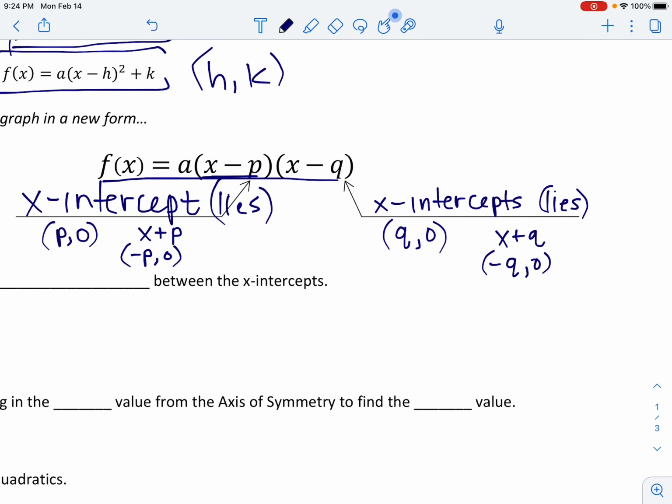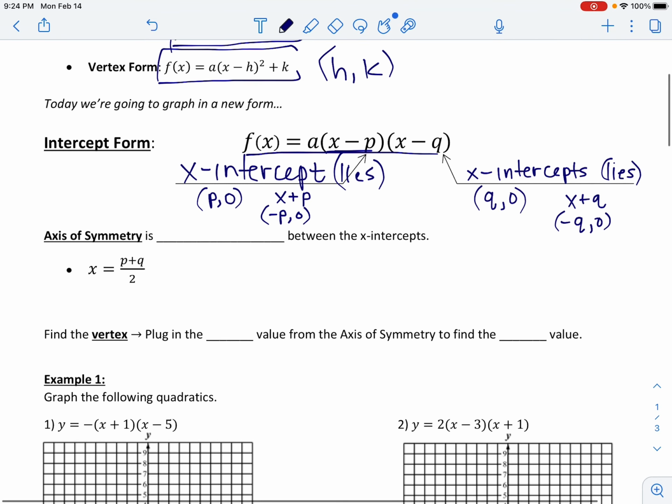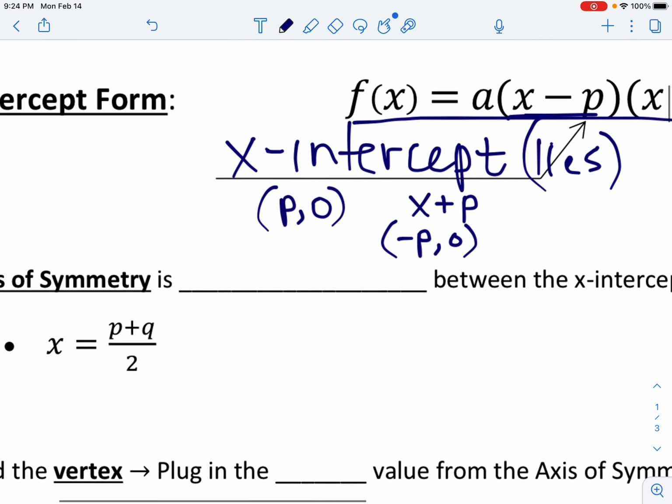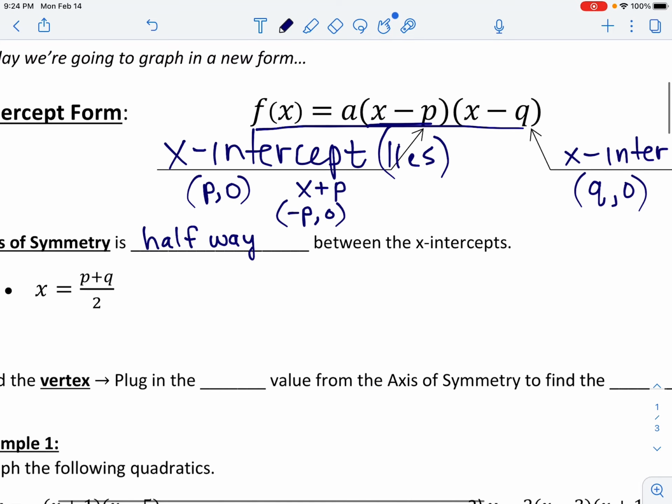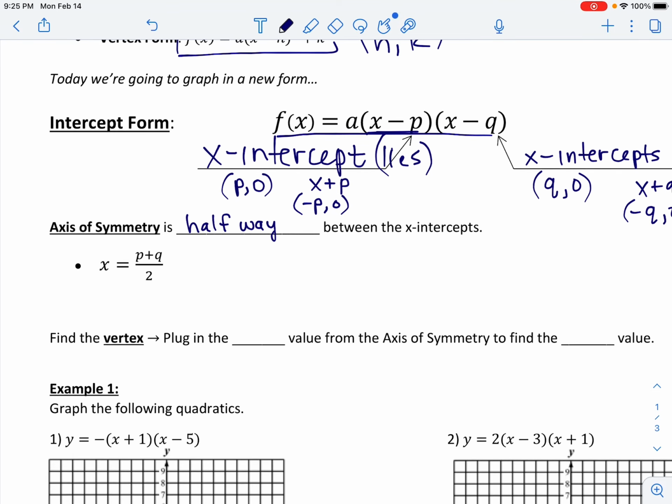All right, so let's take a look at some examples. So first we're going to look at the axis of symmetry. Remember, the axis of symmetry is always halfway between those x-intercepts. So those two points that are on both sides of the vertex that create the parabola, that is where your x-intercepts are, and we always know that the axis of symmetry splits that right down the middle.